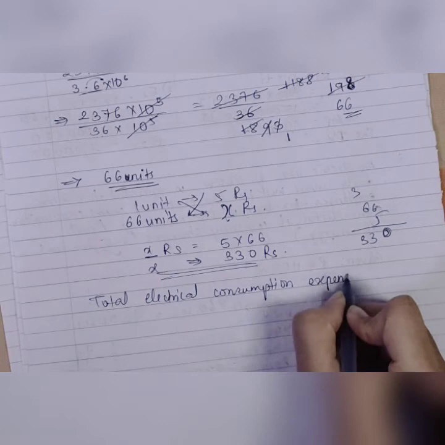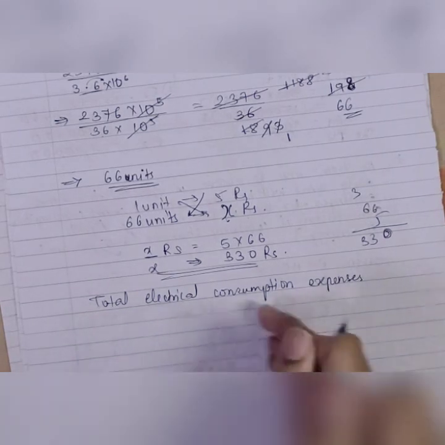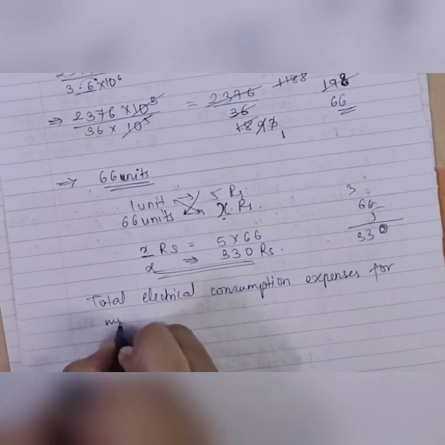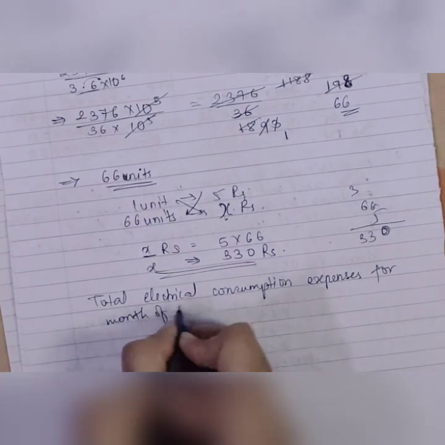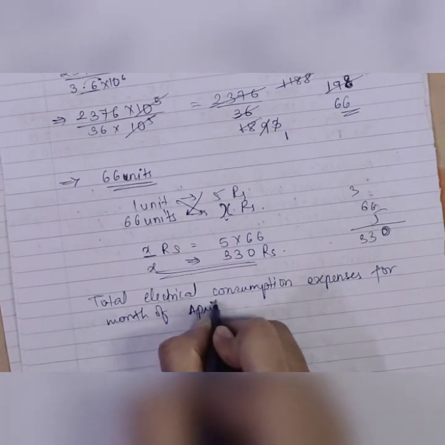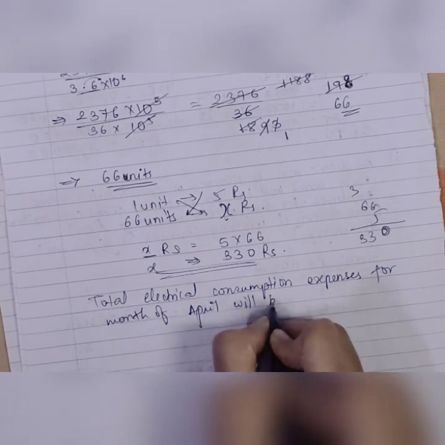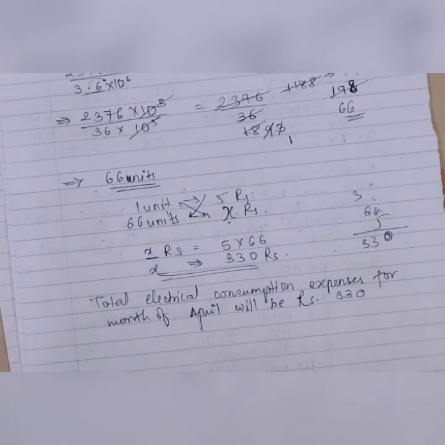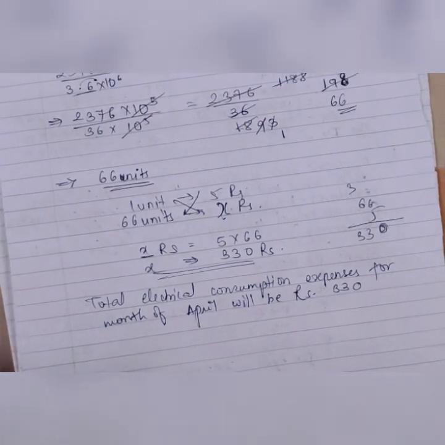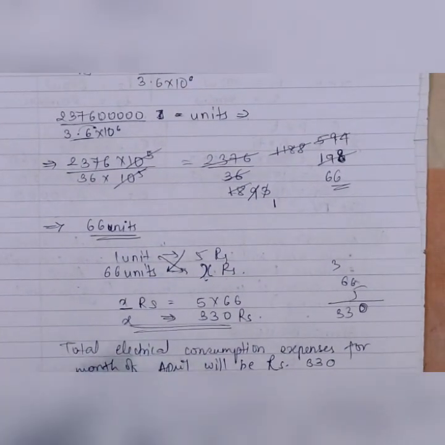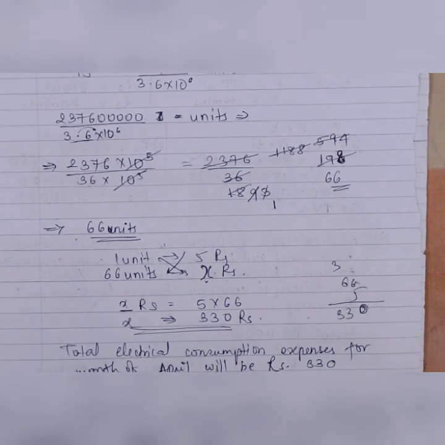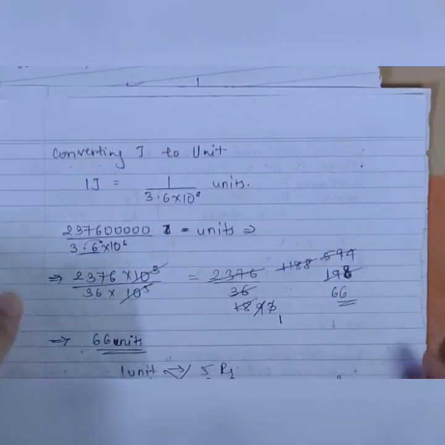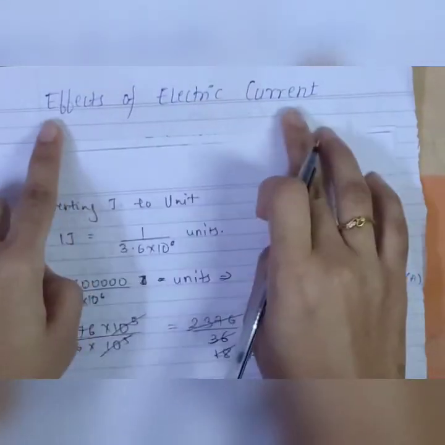Total electrical consumption expenses for the month of April will be rupees 330. So that's it. We are done with our examples from the exercises of the chapter Effects of Electric Current.